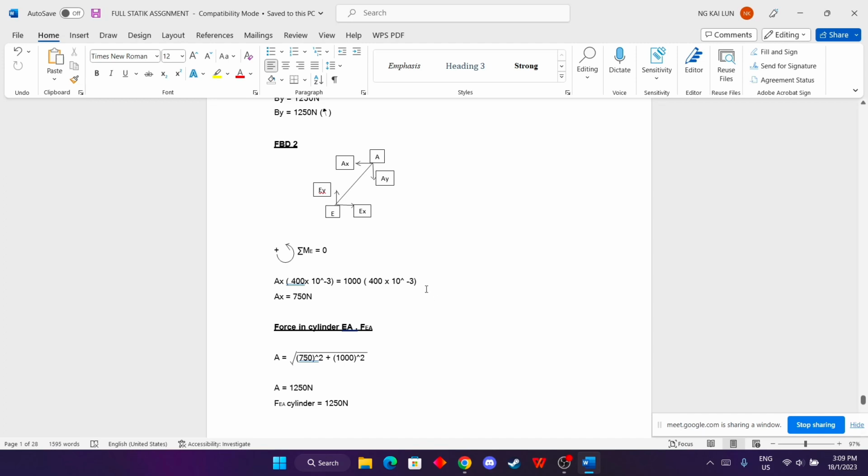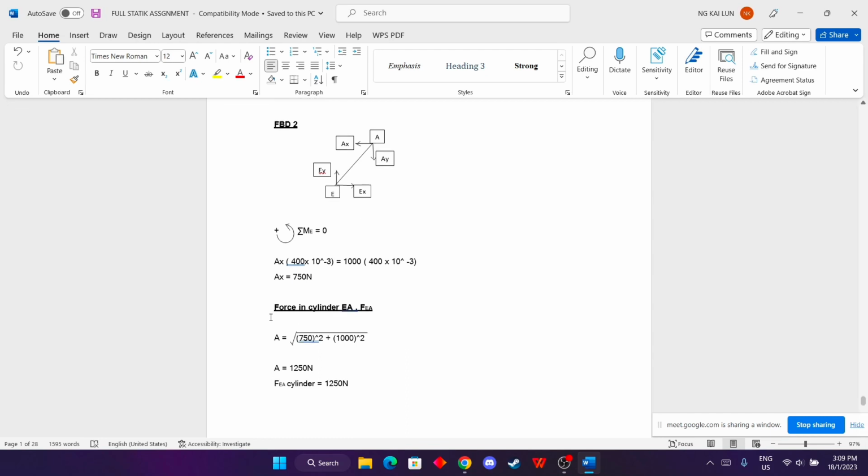and then we already got the value here, and then takes Ax equal to 750 Newton, and then lastly we derive the force in the cylinder EA.